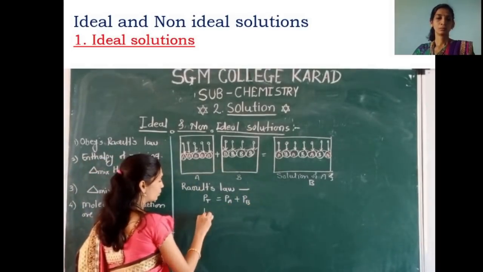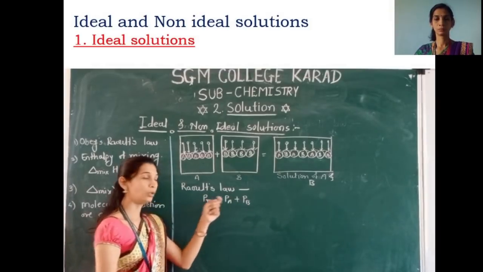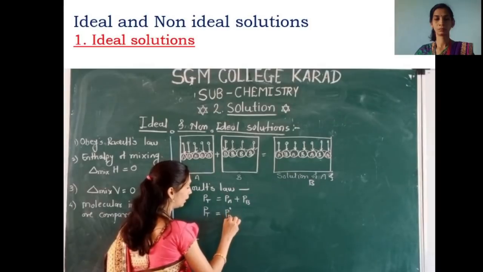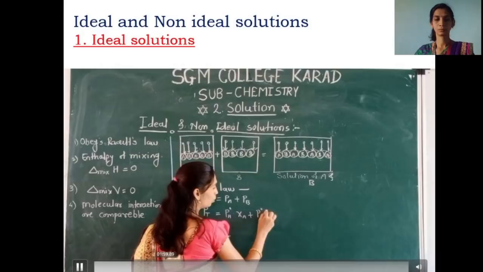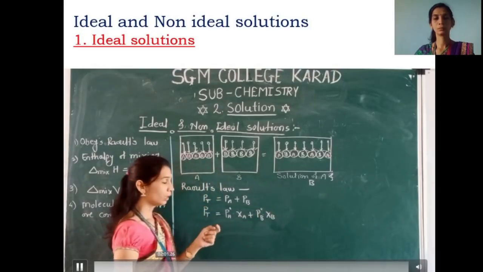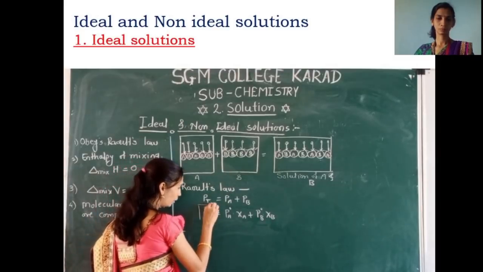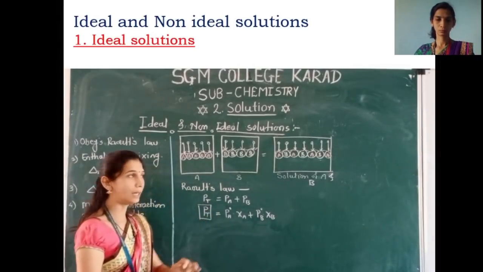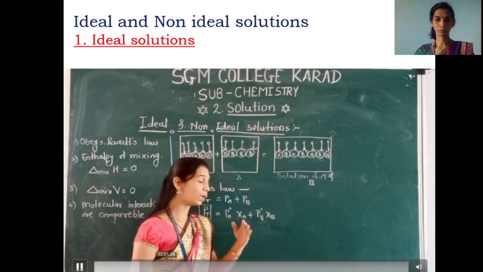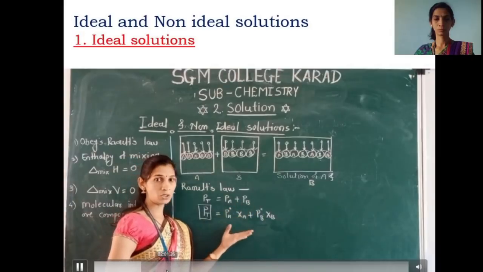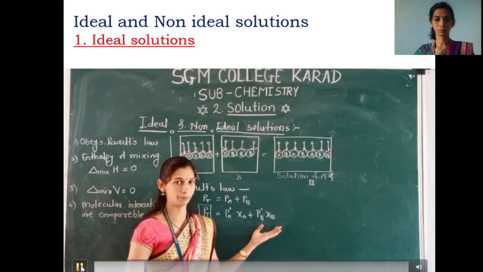By putting the values of PA and PB, the value of PA is P0A into XA plus P0B into XB. From this equation, we understand that the total pressure of this solution is equal to the addition of the pressure of A as well as the pressure of B.